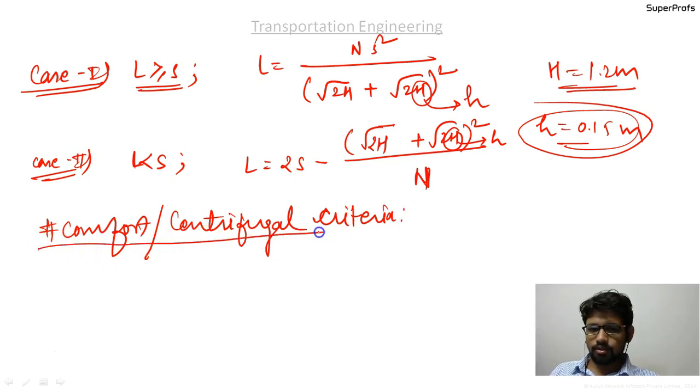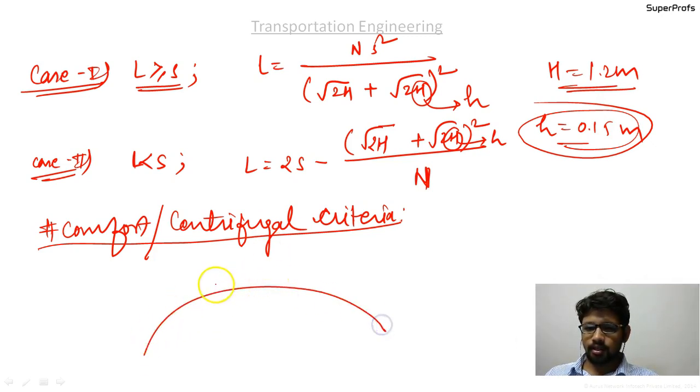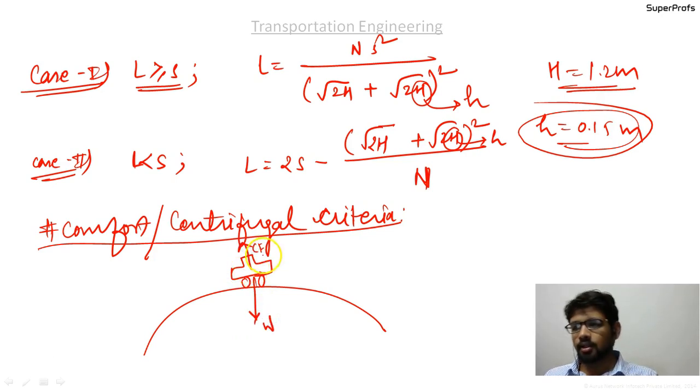This is the next criteria. If there is a curve like this and this is the vehicle, W is acting in this direction, but the centrifugal force acts opposite to it. So the centrifugal force on the summit curve is a friend.